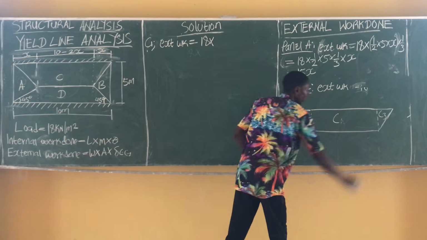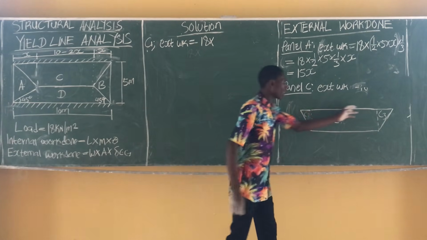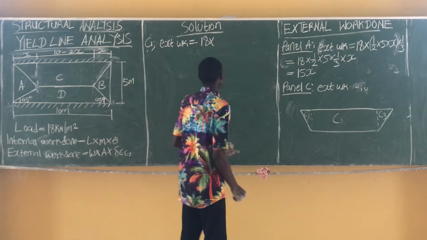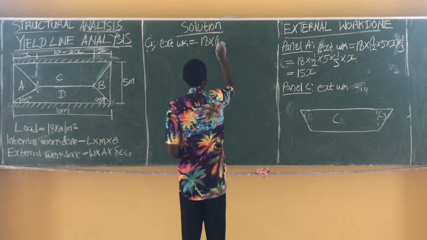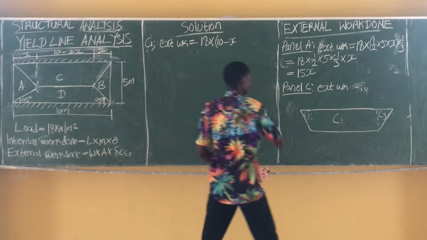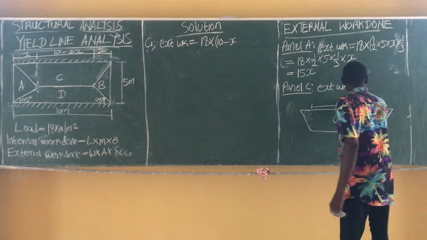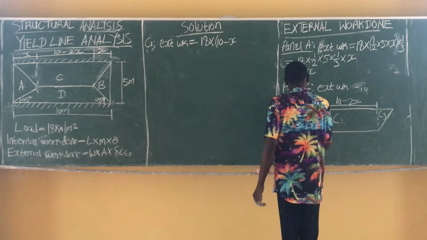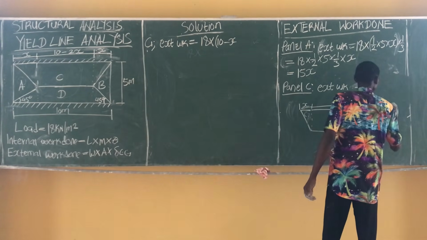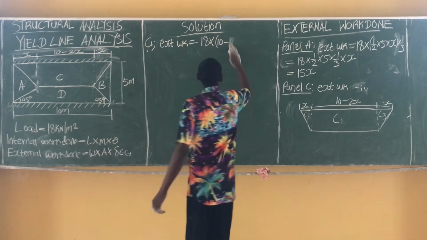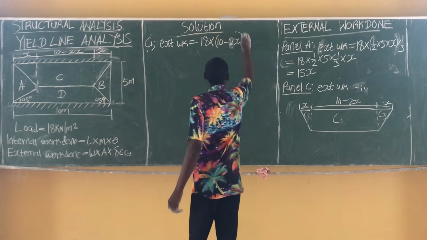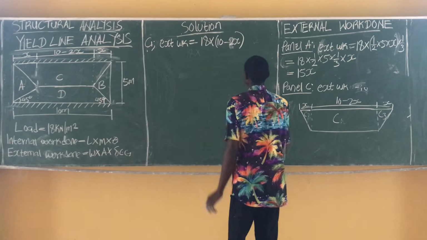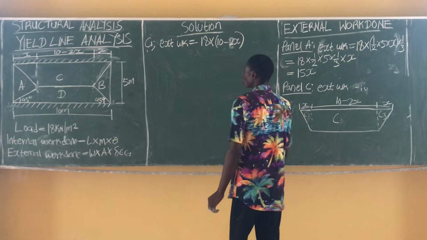The area of a rectangle is simply length times breadth. Our length is 10 minus x. So we have this point to this point to be 10 minus 2x. This is x and this is x. So this is 10 minus 2x, which is our length, and our breadth is what?